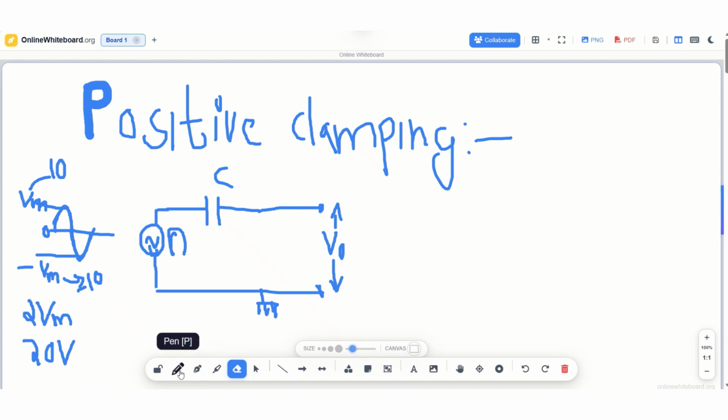The capacitor takes time to charge and discharge, so for the first half cycle you do not get the output as clamped. After the capacitor charges to the peak value, the clamping operation continues. During the negative half cycle of the input, what will happen?